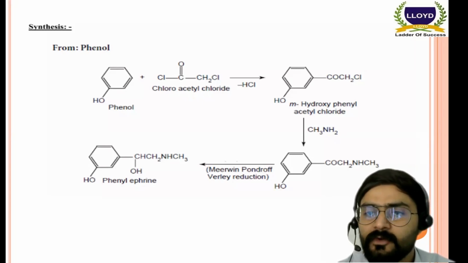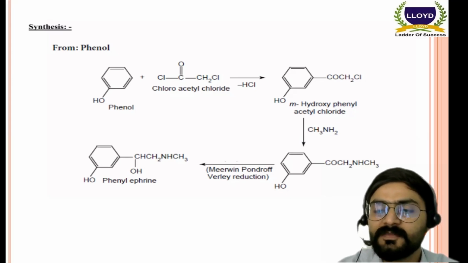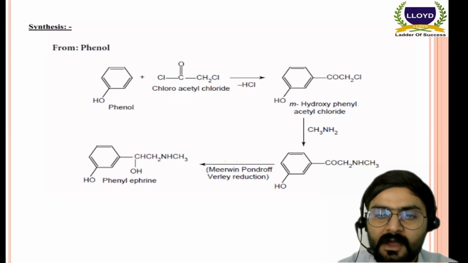This meta-hydroxyphenyl acetyl chloride further undergoes amination, or transfer of the methylamino group onto the acetyl group by removing the HCl moiety and transferring the whole methylamino group onto the acetyl moiety.